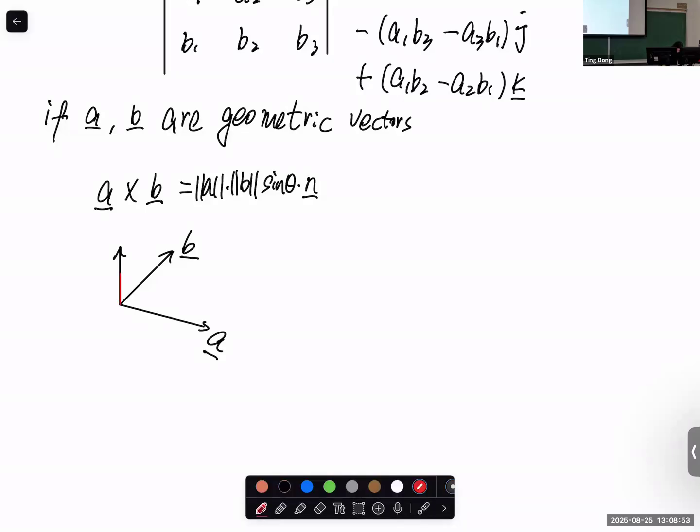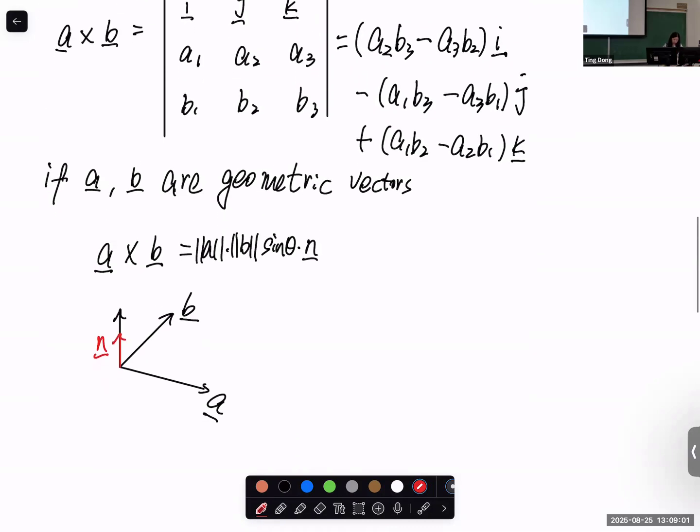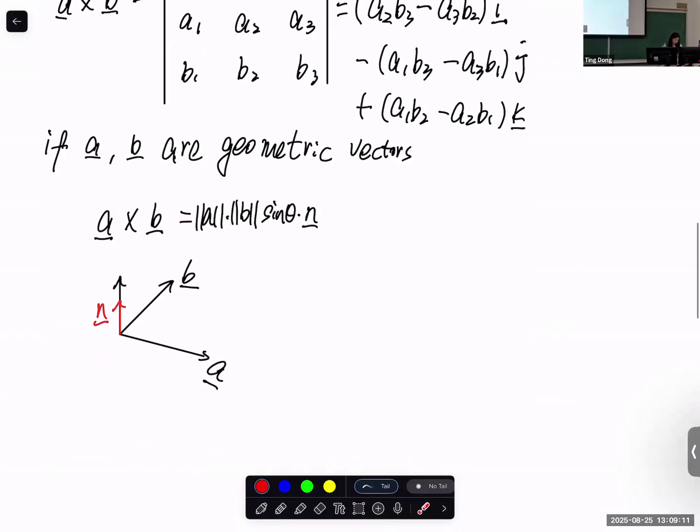Let's put this one as a unit normal vector. It represents the direction of A vector product B, and the magnitude is 1. The length of this vector is A magnitude times B magnitude times sine theta.